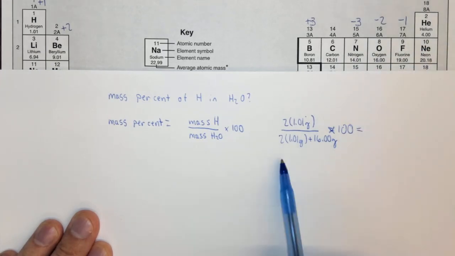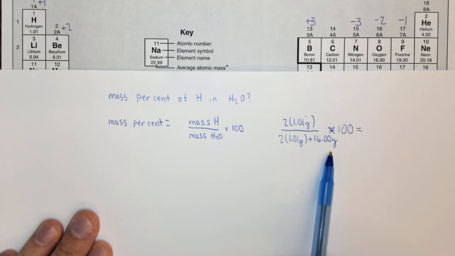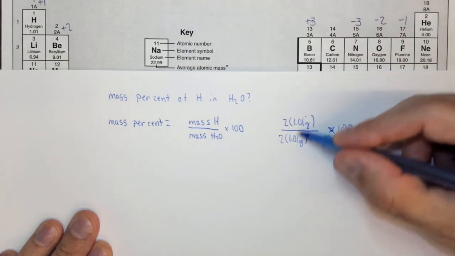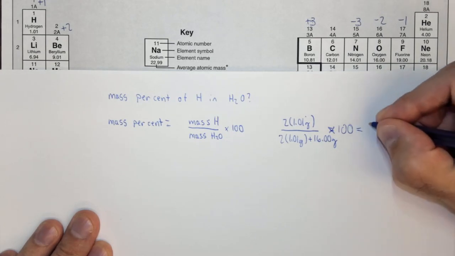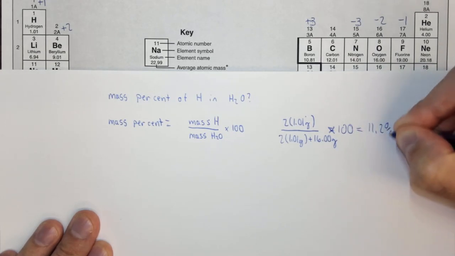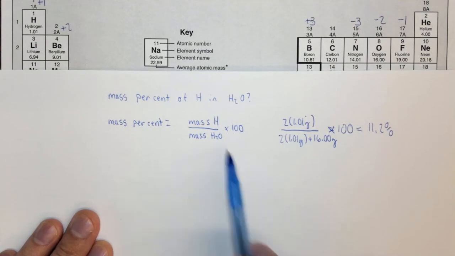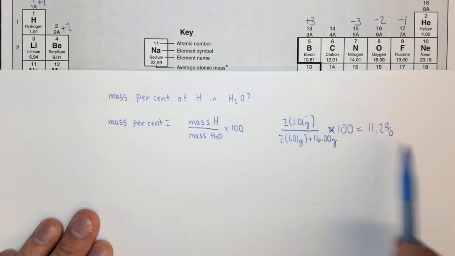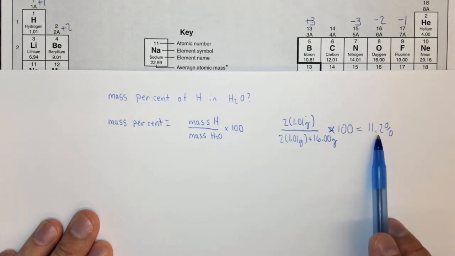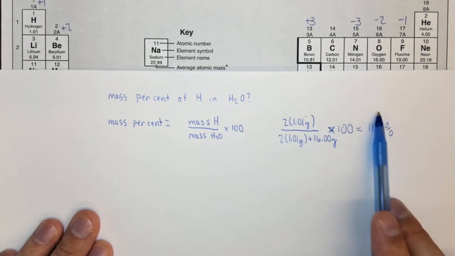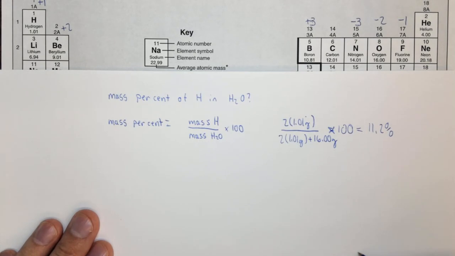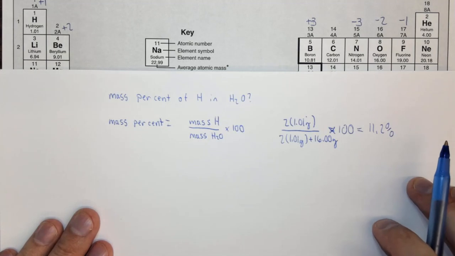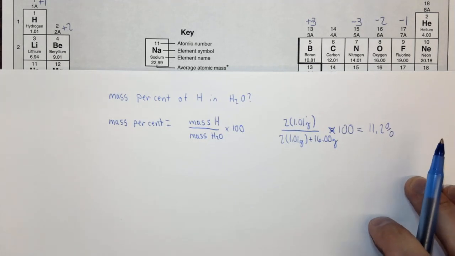So we take this 2.02 and we divide by 18.02, and when we do that, and we round to 3 sig figs, since these are 3 sig figs, we get 11.2%. So the mass of hydrogen in water is 11.2%. If we were asked for the mass of oxygen in water, it would be the rest of this, or in this case 88.8%. So 100 minus 11.2, which is 88.8%. So this is how we can find the mass percent of hydrogen in water.